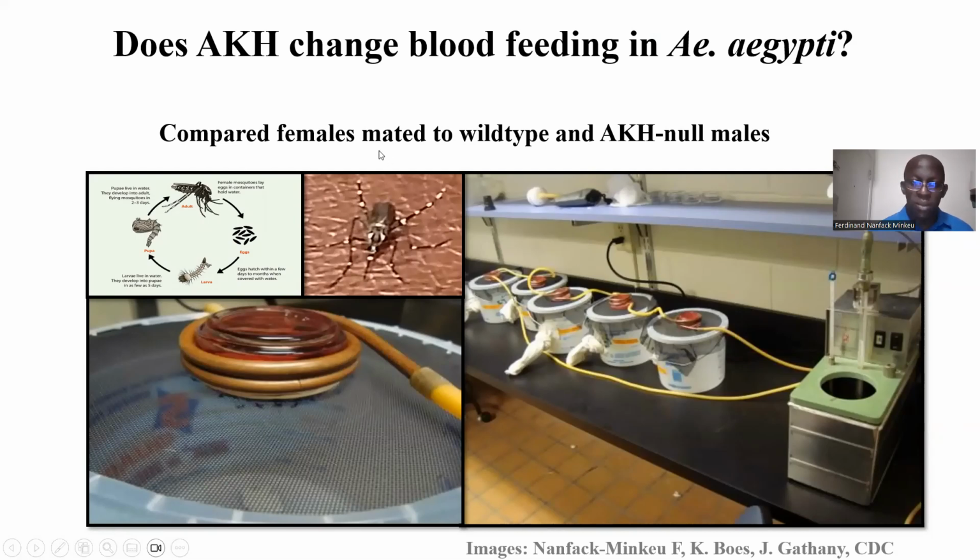We compare mated females of the wild type, meaning wild type females mated to wild type males, and females mated to AKH null males. We also compare wild type females and AKH null females.